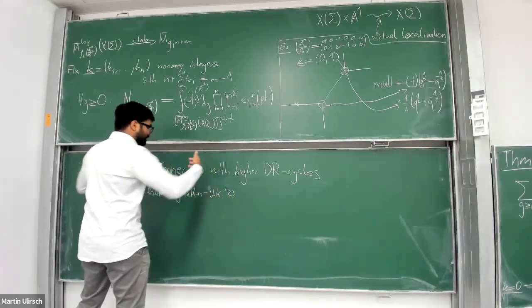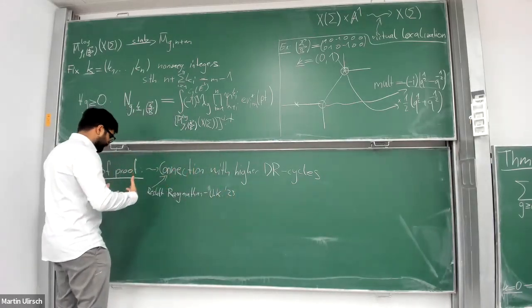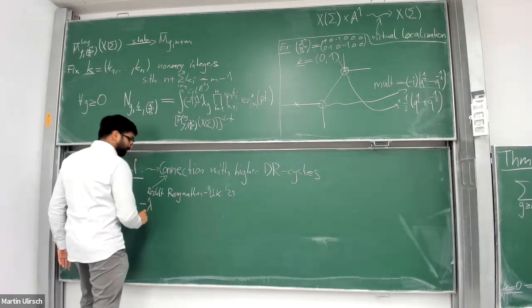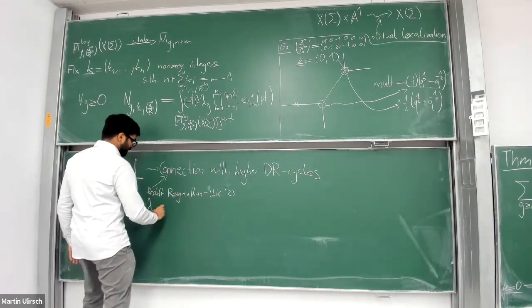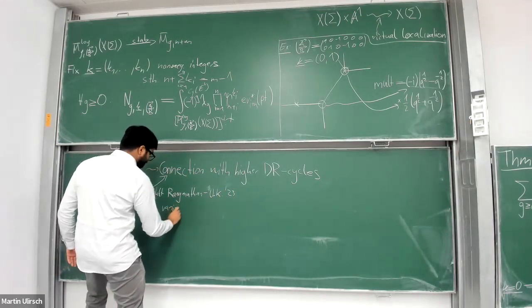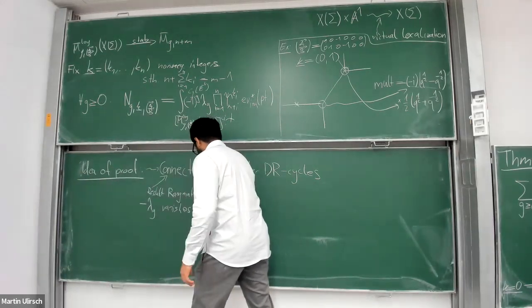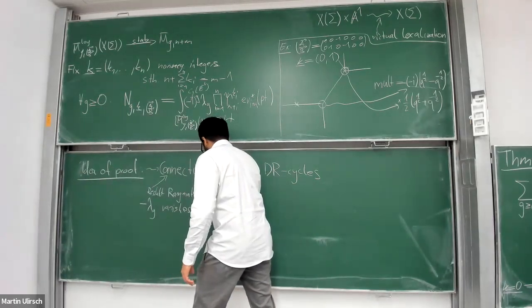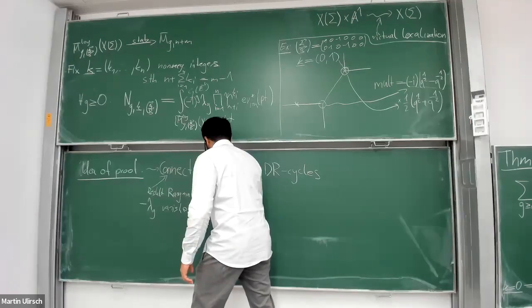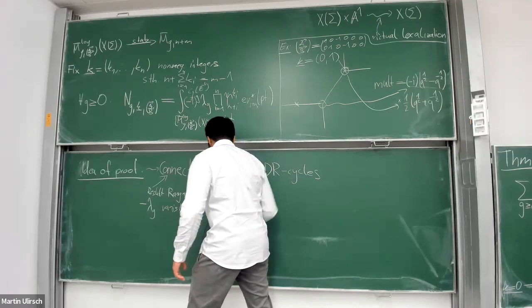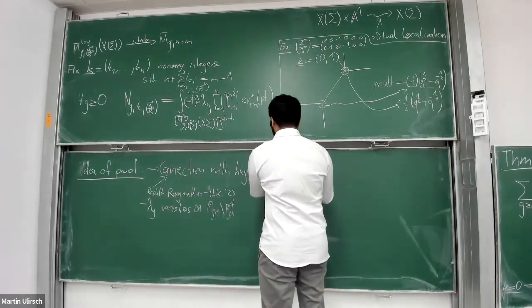Then once you have higher DR cycles, we use the property of the lambda_g class: lambda_g vanishes outside compact type.